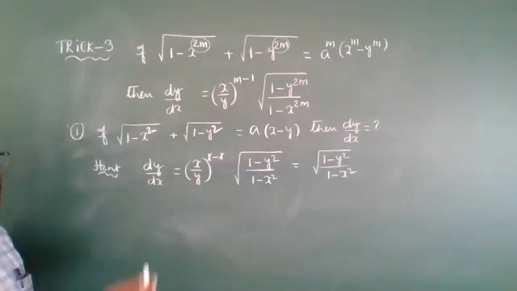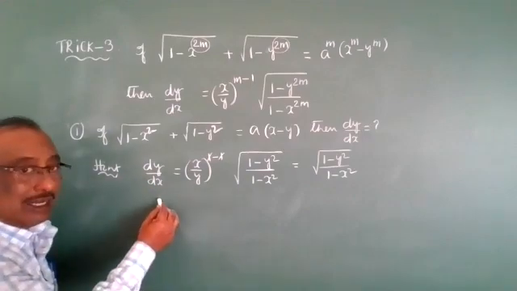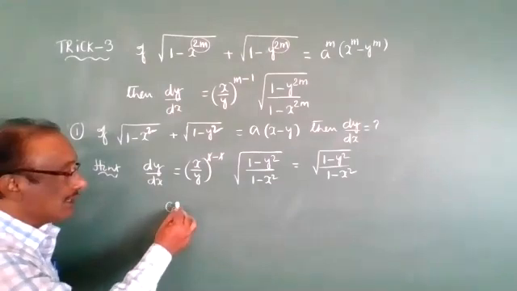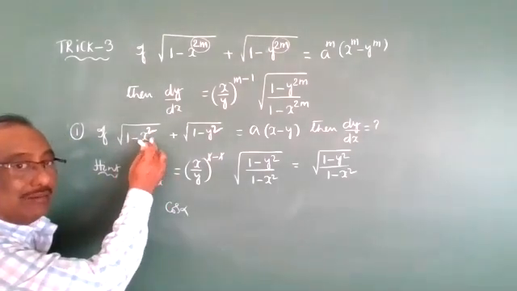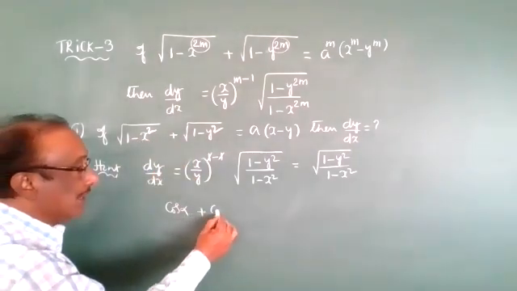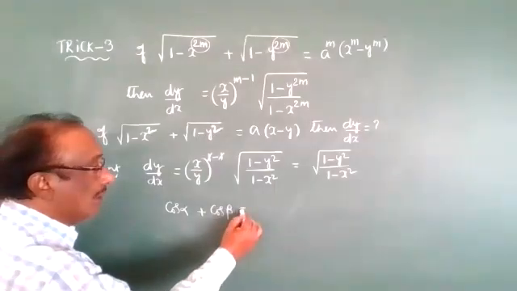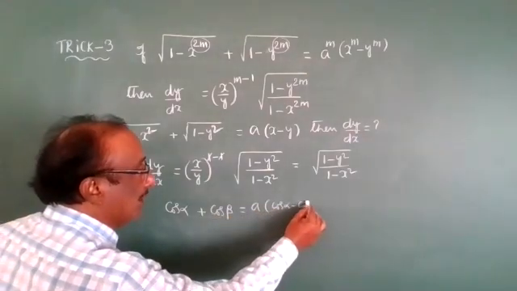This long procedure problem I will do very simply, in a tricky way. In the ordinary method, let x is equal to sine alpha, so 1 minus sine square alpha is cos alpha, and this is cos beta, equal to a into cos alpha minus cos beta.